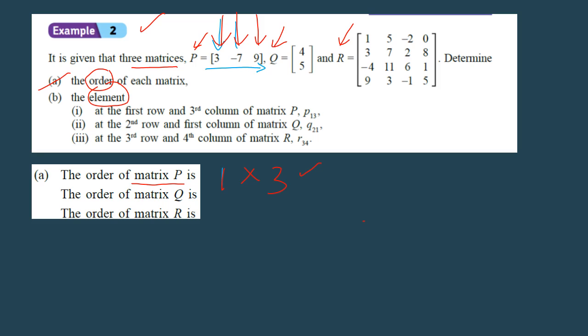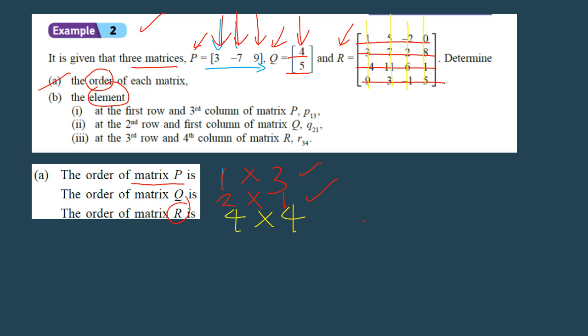For Q you have 2 rows by 1 column. So 2 by 1. For R you have 4 rows and 4 columns.